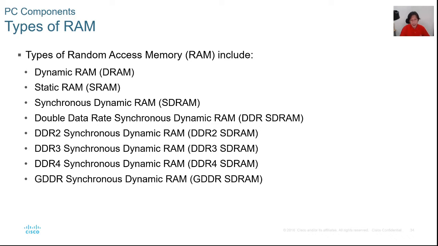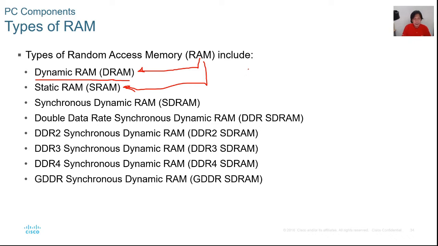There are two types of RAM, either dynamic or static. Those cache memories are an example of static RAM.